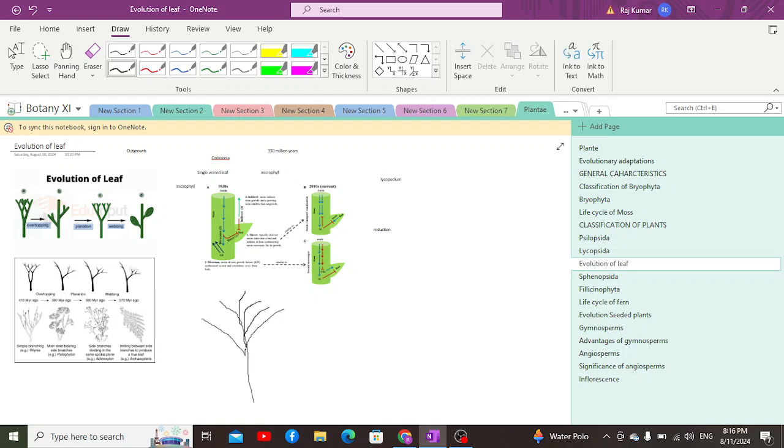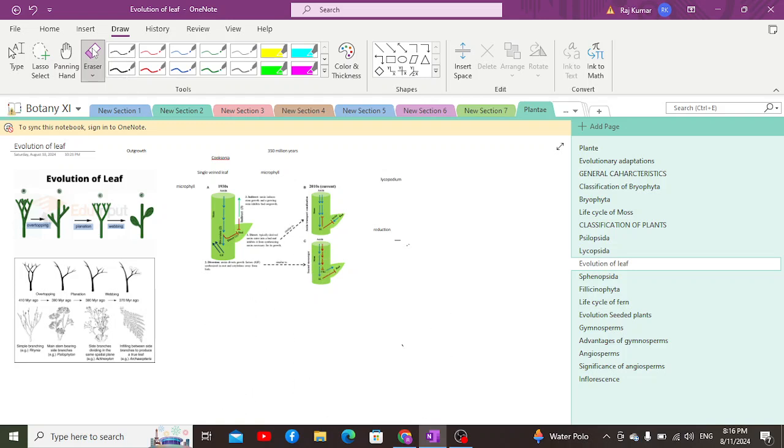These multiple branches of the stem started to reduce, and as a result of the reduction, these branches were gradually reduced into a single veined leaf, known as microphyll, due to which a single veined leaf arrived. So this was a very simple hypothesis, giving the explanation of how microphylls evolved.